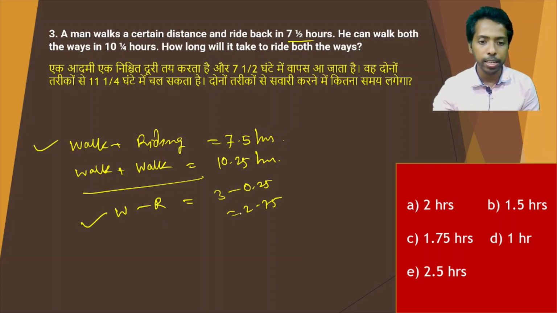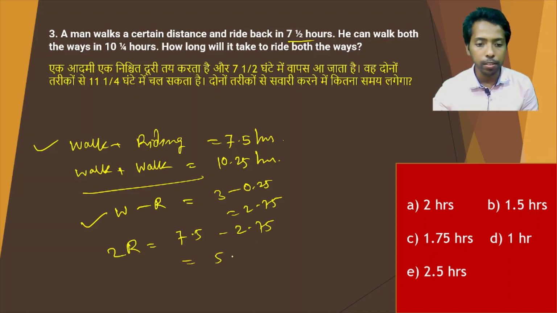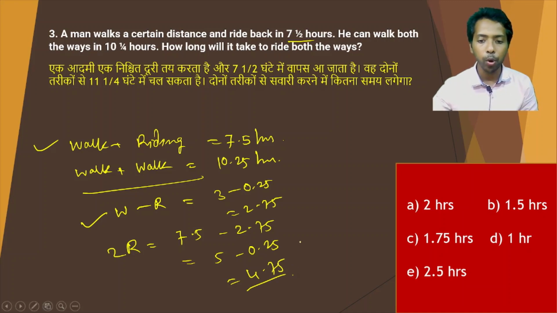Now take this and this: walk plus riding, walk minus riding. So walk plus riding minus walk minus riding, that is riding 2 here, right? So this is 7.5 minus 2.75, right? Okay, so if 2.5, then this is 5, but 0.25 more we have to calculate, so this is 4.75, right? 4.75 is the answer.